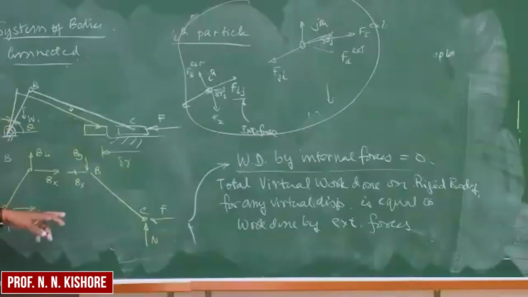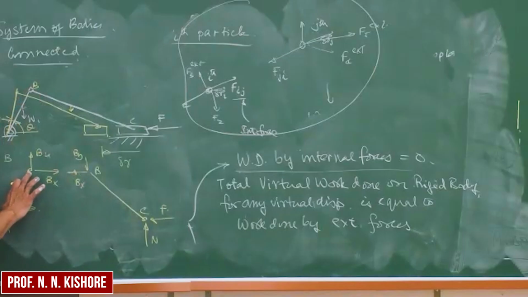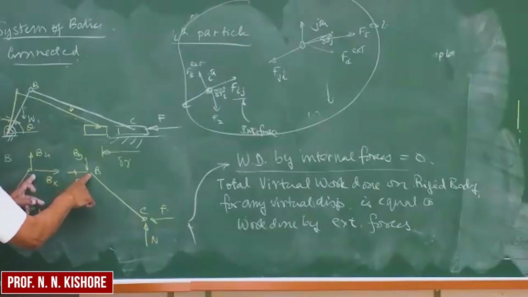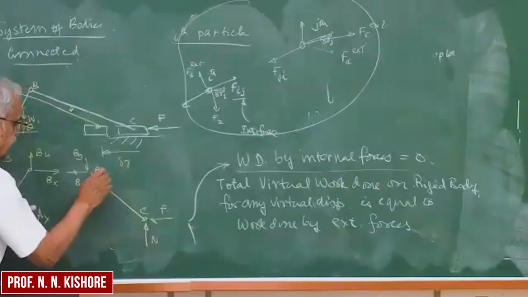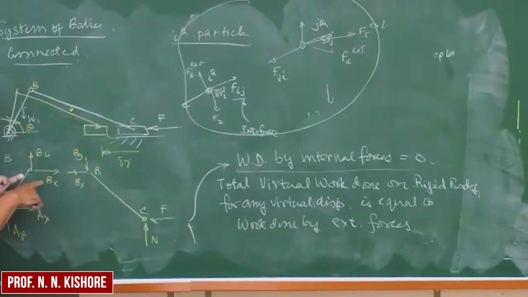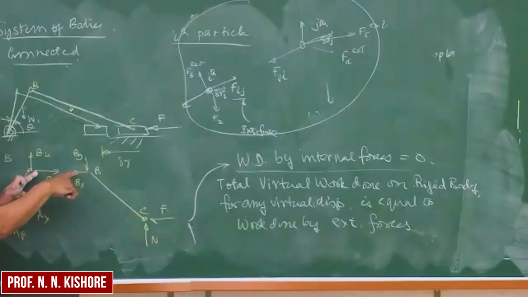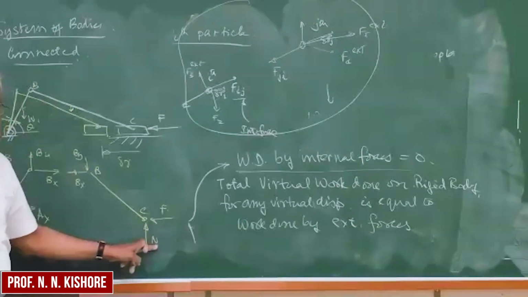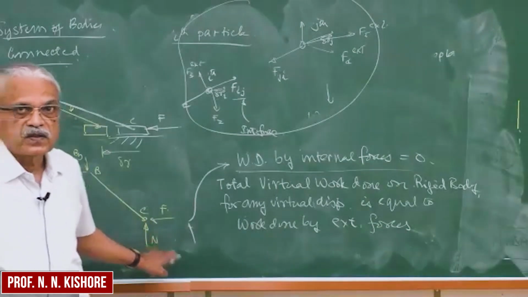So interestingly, if you draw the free body diagram of each, this is the crank with reactions here. And at B, if you separate out, then the forces Bx, By will appear, or internal forces will appear separately as external forces on each of these bodies. And then we have forces here. A normal reaction also will come into the picture. Okay.